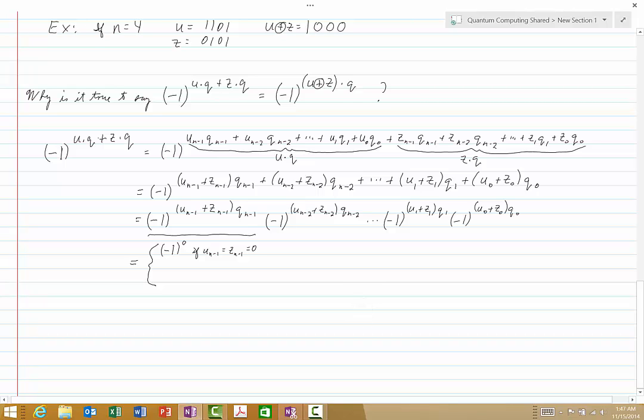And it's equal to negative 1 to the q_{n-1} power if u_{n-1} equals 1 and z_{n-1} equals 0, or u_{n-1} equals 0 and z_{n-1} equals 1.